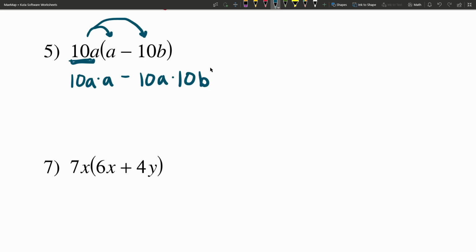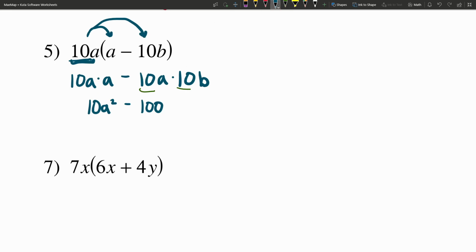So let's simplify these down. So 10 times a, because that's all multiplied together, is the same as 10a squared. Because the a times a is an a squared, so 10 times a squared. And then we're going to subtract. Now here's where it becomes a little different. We can combine 10 times 10 because those are both numbers, so that's going to give us 100. But a times b, we don't know what those values are, so it's just going to stay as a times b.